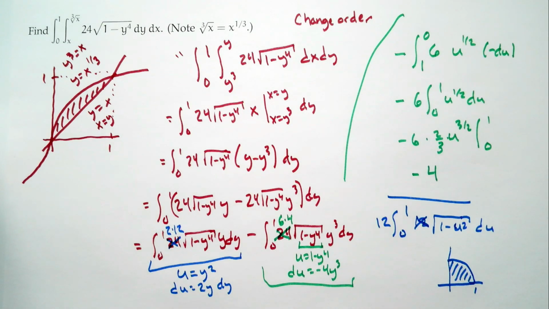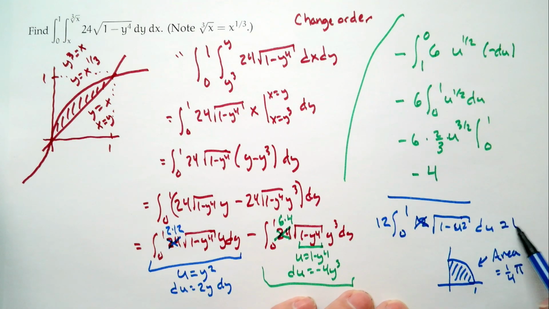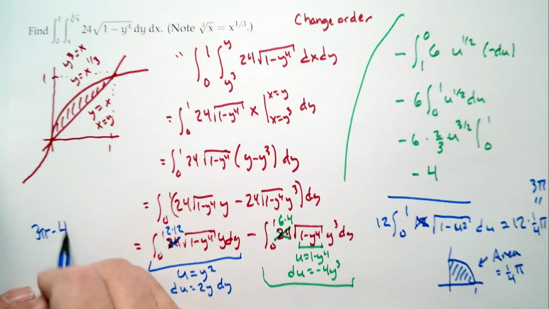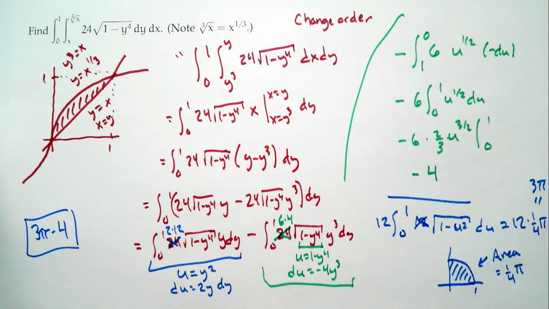So we can interpret and say, okay, this is the area, which is 1/4 of pi r squared, but radius is 1, so it's 1/4 pi. So we get 12 times 1/4 pi, or 3 pi. And now we put these two together, and so our final answer is 3 times pi minus 4. And that's the answer. All right.